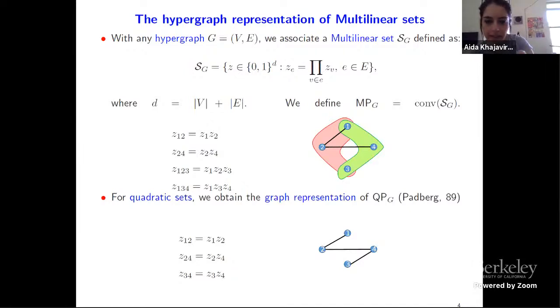Well, as you may already guess, for each independent variable Z_v, I define a node. And then corresponding to each multilinear equation, I introduce a hyperedge. So again, let's get back to our previous example. I have Z1 to Z4, which are my independent variables. So I have 4 nodes here, Z1, 2, 3, 4. So for the first equation, Z12 equals Z1 times Z2, I put this edge 1, 2 here.